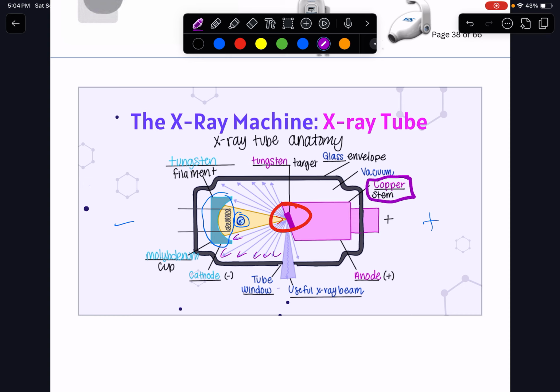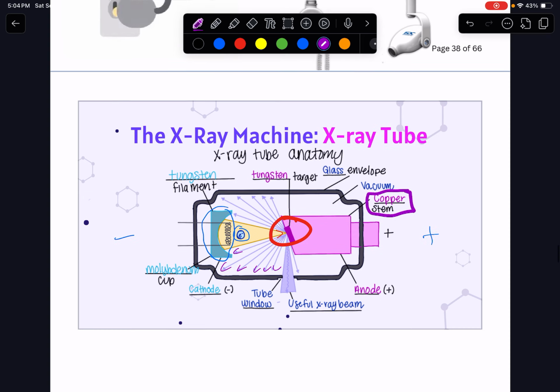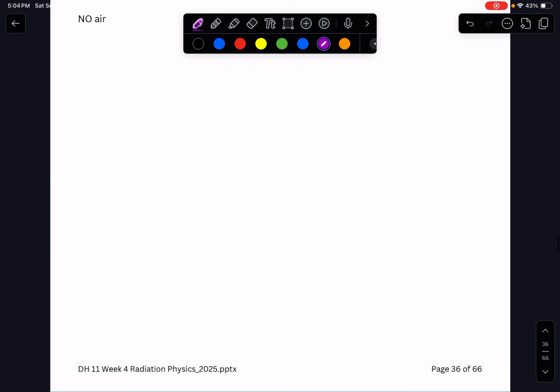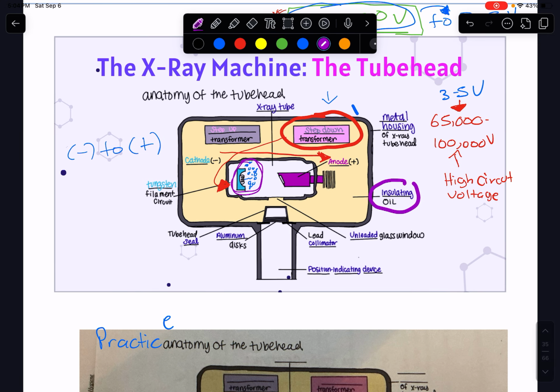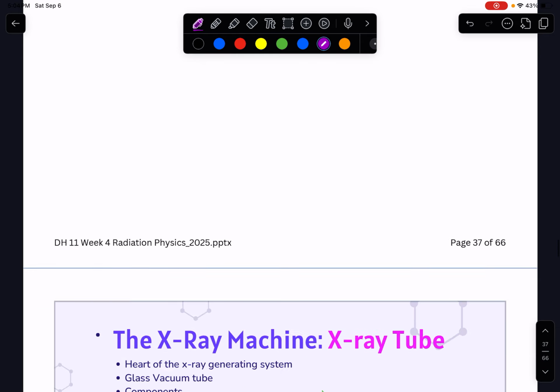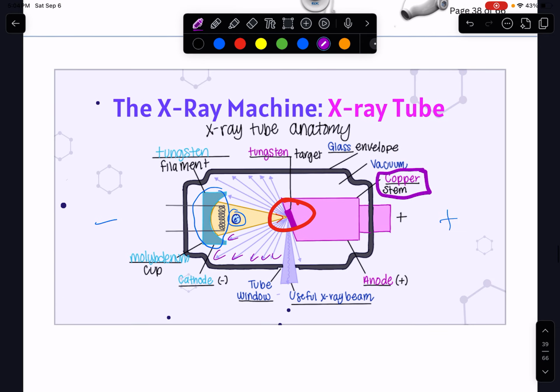And the oil here is what absorbs that heat, just so that the tube head doesn't overheat, because we're at such a high voltage. That's why they add that copper there. So again, the copper carries away the heat, and the oil absorbs it. That way it's more neutral, the voltage is not too high in there, and it doesn't burn out.